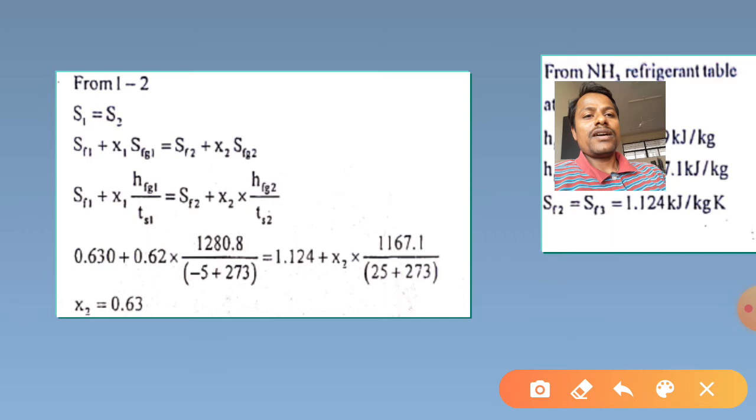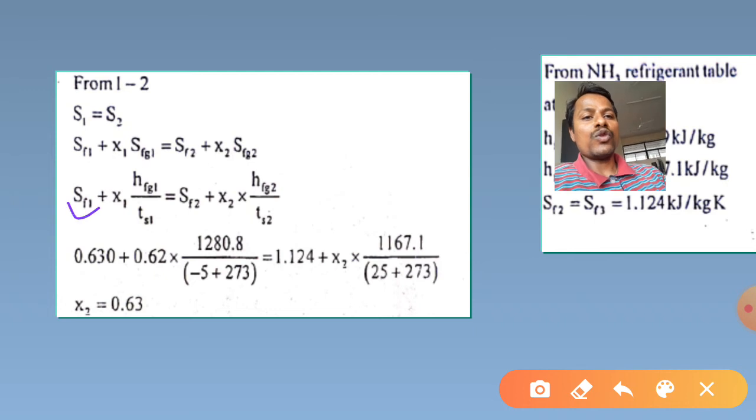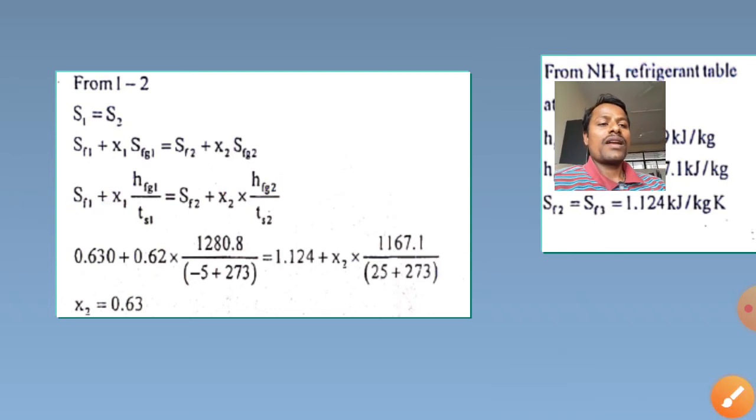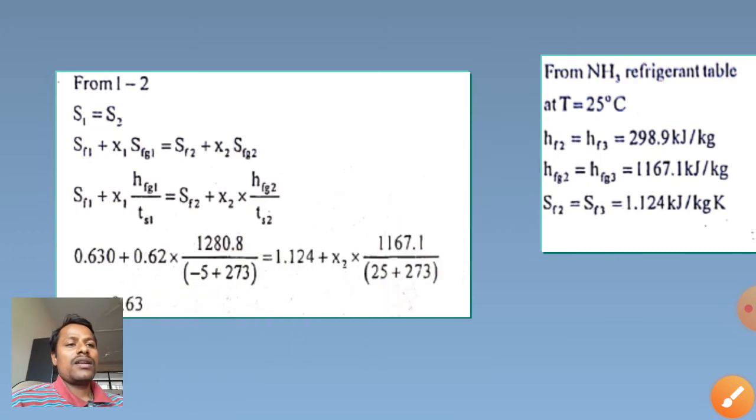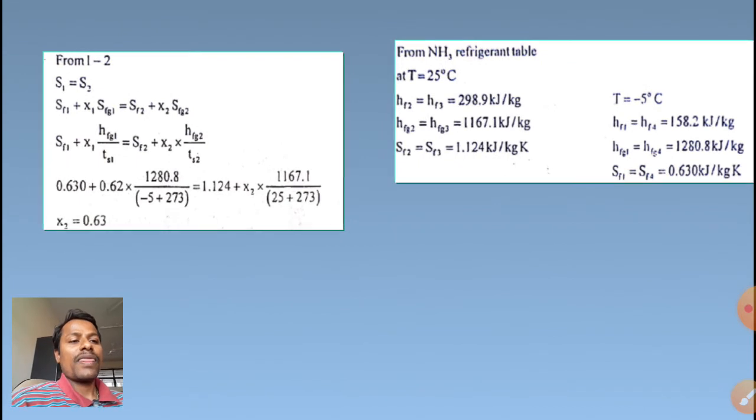After replacing the SFG terms with the corresponding enthalpy and saturation temperatures for both state 1 and state 2, our duty is to substitute the data that is available with us.